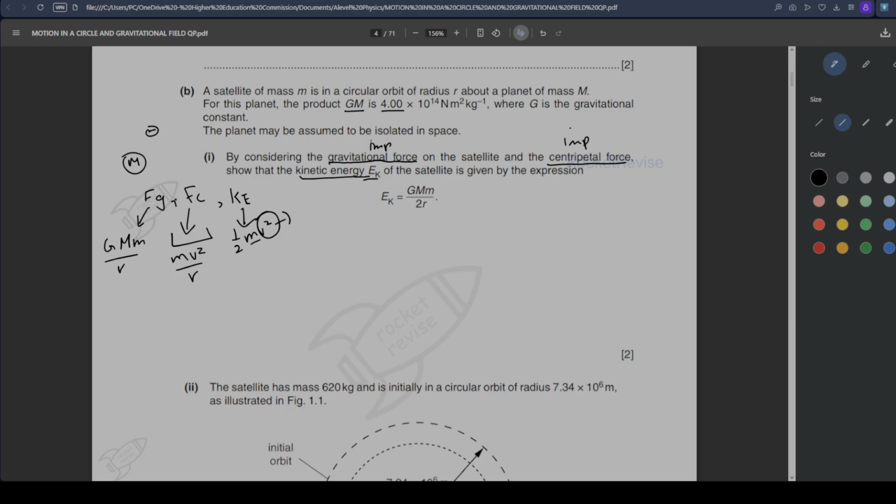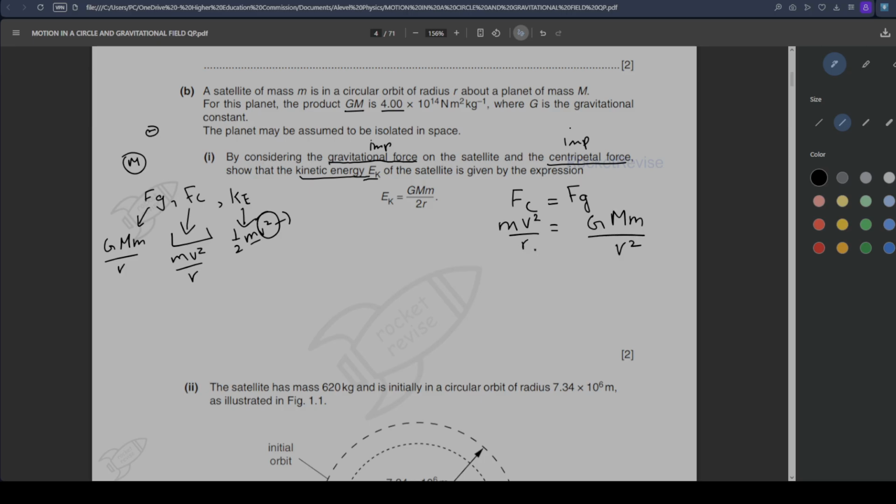Now all we need to do is, whenever we have an orbit, it is a circle, so the source of centripetal force is the gravitational force. ठीक है. So we can just equate the two formulas. mv squared divided by r is equal to GMm divided by r squared.